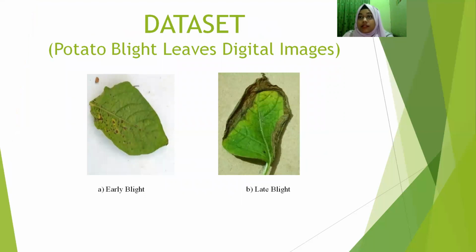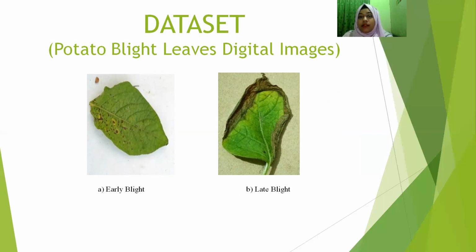This is the dataset used for this research. The data are of potato blight diseases containing digital images. There are two sets of data, one early blight and the other late blight. Early blight symptoms are irregular spots, black or brown, on the leaves.